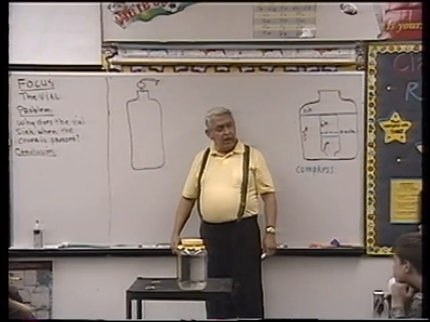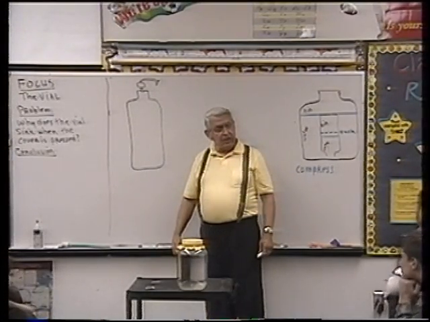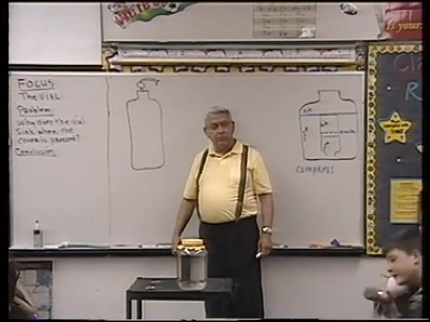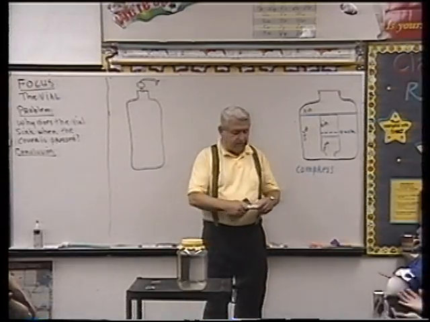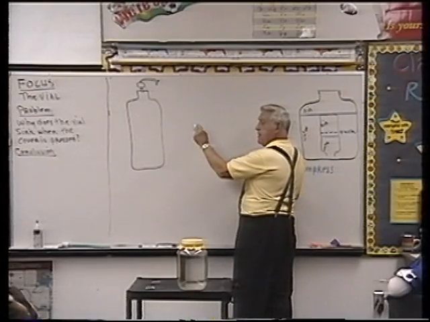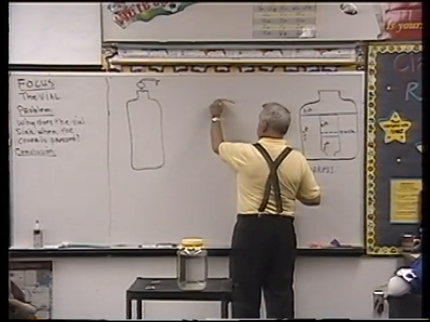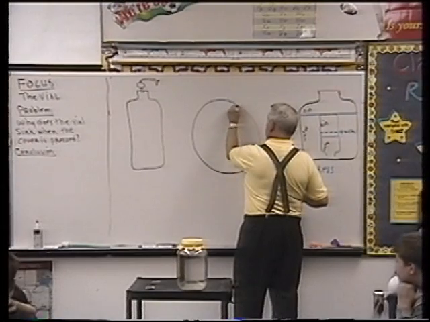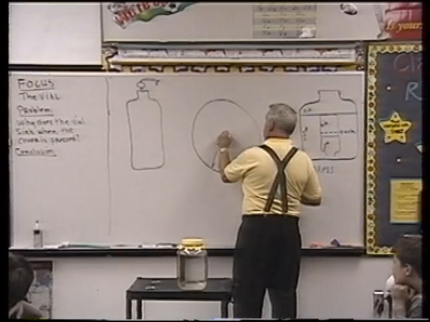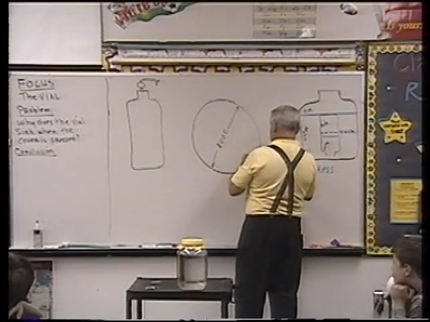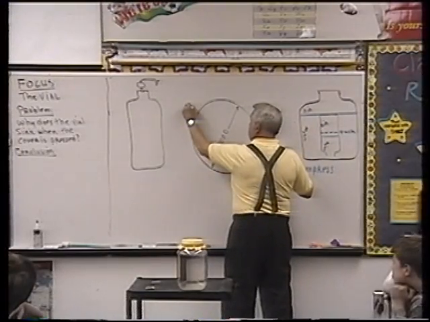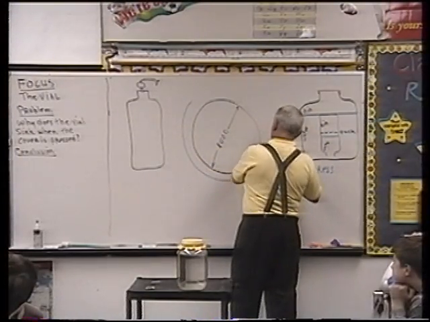Does anybody know what the air pressure is at sea level all around the earth? Have I ever explained that to you, what the air pressure is? I don't think I have. So I'm going to take a little sidetrack here and remind me to come back to that. If this is the earth, it's 8,000 miles across. Then outside the solid earth is the gaseous earth that we call the atmosphere or air.